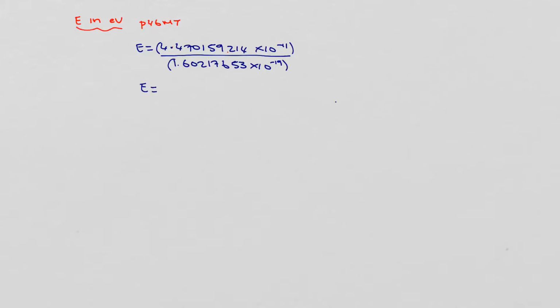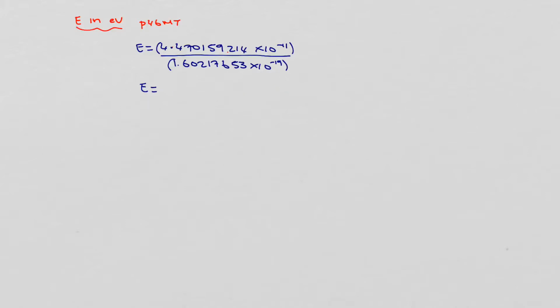And if I divide that, that gives me 2.79005 by 10 to the power of minus 30, and that's electron volts. Sorry, I was thinking that number looked a bit strange, that's not possible.